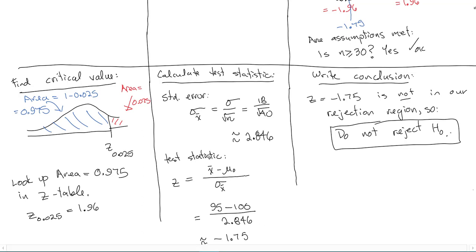But we also want to write our conclusion out in words in terms of the original problem situation. For this, we need to realize that it's going to be sample specific.